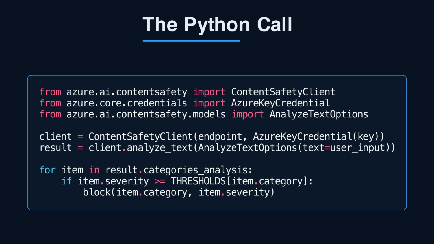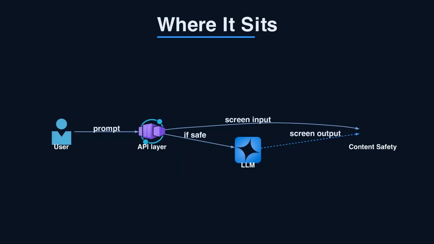In real code, pull the key from Key Vault, not a literal, and wrap this in retry logic for transient throttling. In a generative AI app, moderation belongs on both sides. Before you call the model, run the user prompt through content safety and through prompt shields, which detects jailbreak and injection attempts.